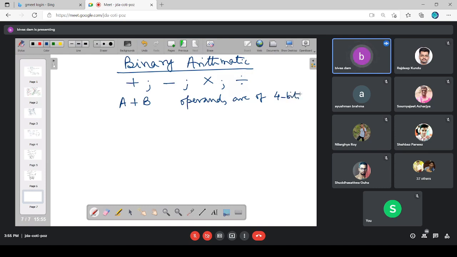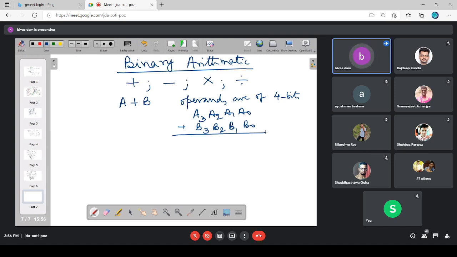Truly speaking, they may be of n bits. The operands are of n-bit width. So let us consider that n is equal to 4 here. That means we are going for A3, A2, A1, A0 plus B3, B2, B1, B0.